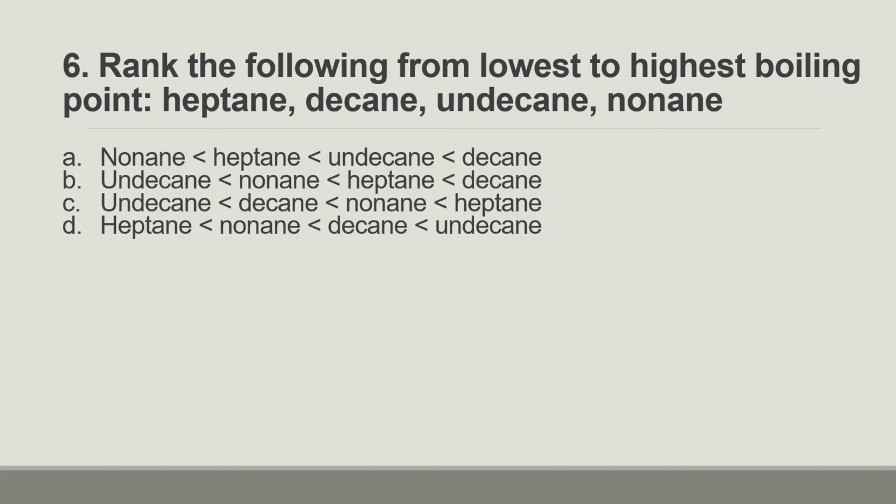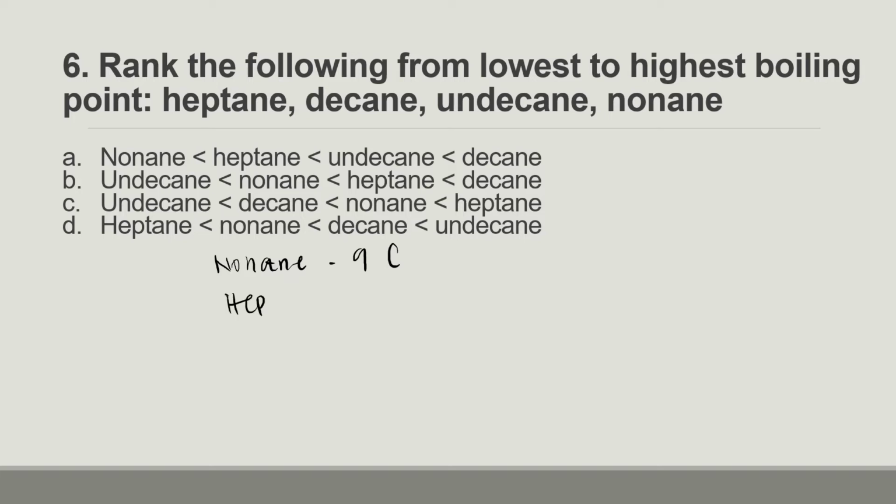A6. Rank the following from lowest to highest boiling point: heptane, decane, undecane, and nonane. So this is more on familiarity sa mga names because nonane, from the prefix nona-, this means 9 na carbon chain.